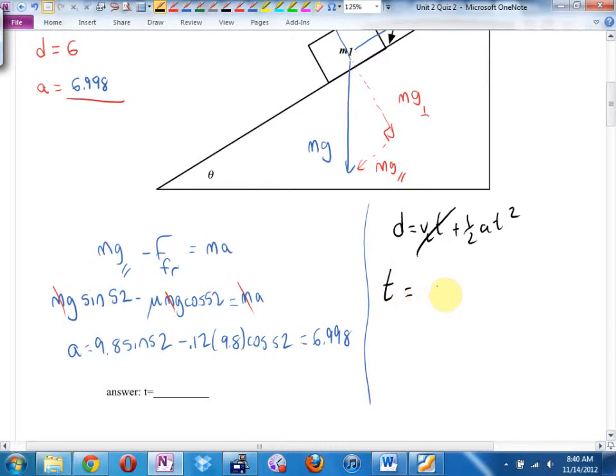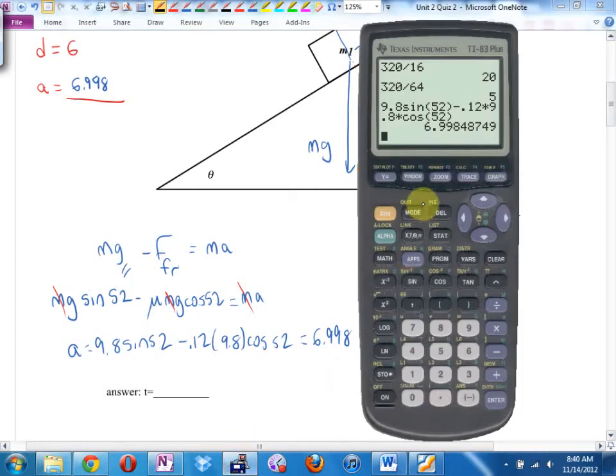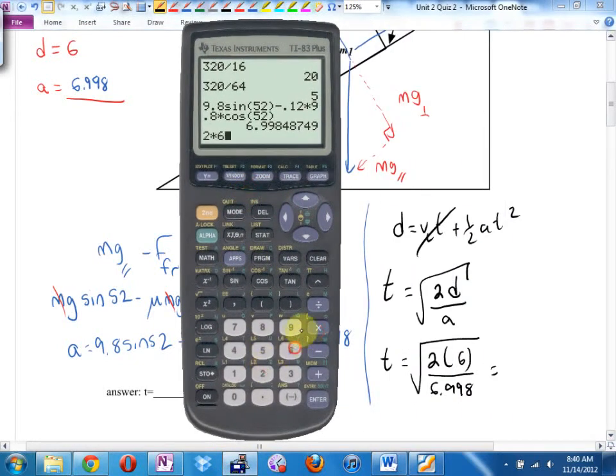I think t ends up being 2 times d divided by a square rooted. I think t is going to be the square root of 2 times 6 divided by 6.998. I think it's going to be 2 times 6 divided by this previous answer, and then square root of that.